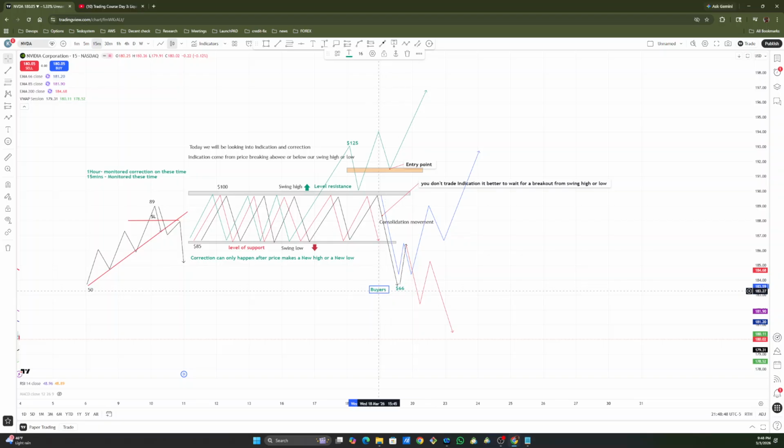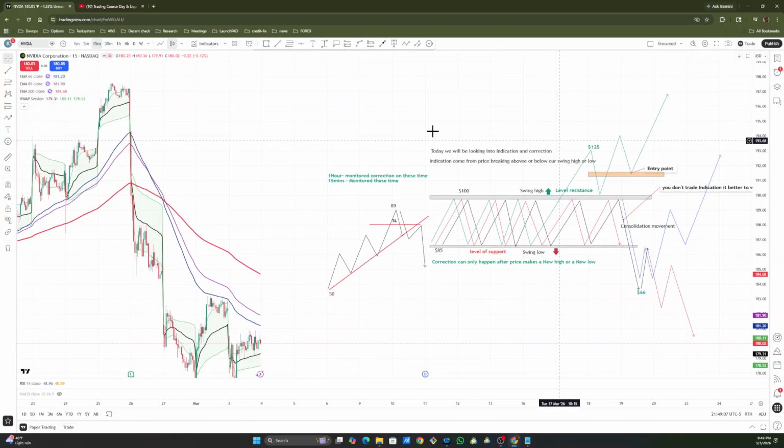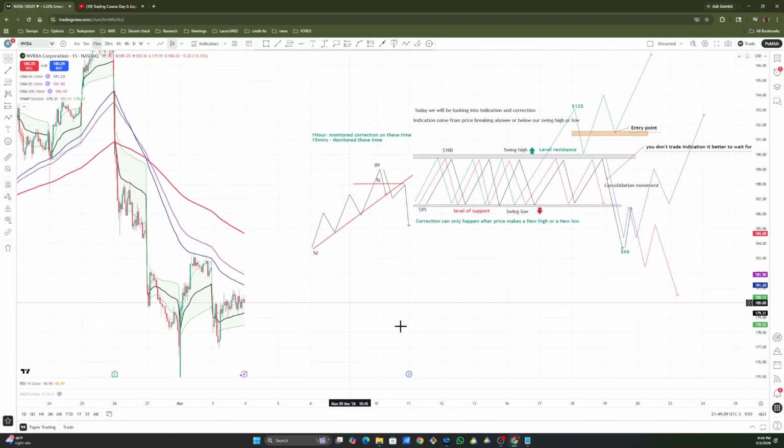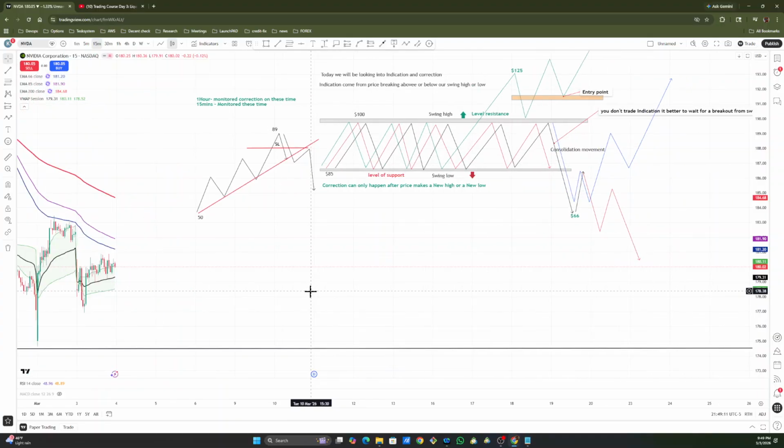So buyers, why I put this buyers, because sometimes buyers could take the market from here and change the direction. That's why it's always good for you to wait to see how the market plays out before you get into a trade. And if we want to go into a live chart, this is NVIDIA.